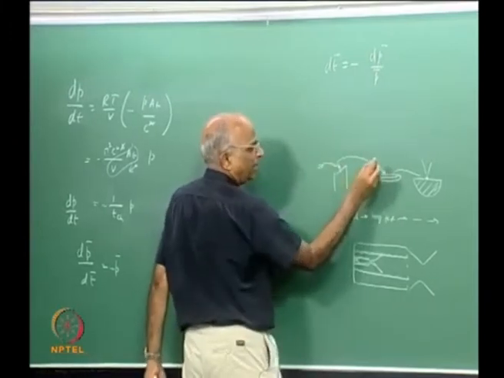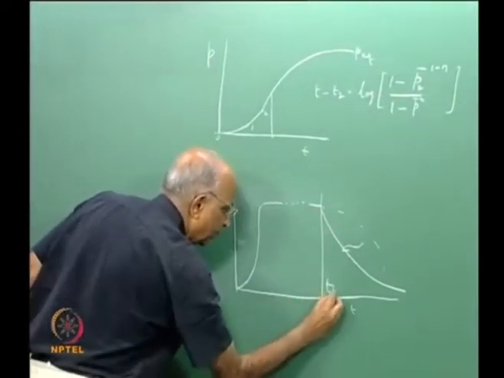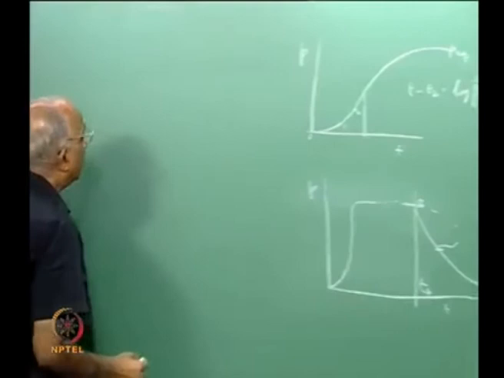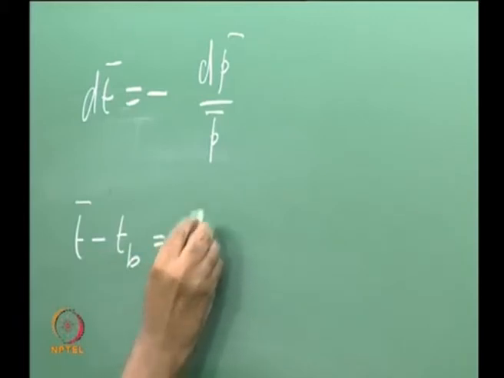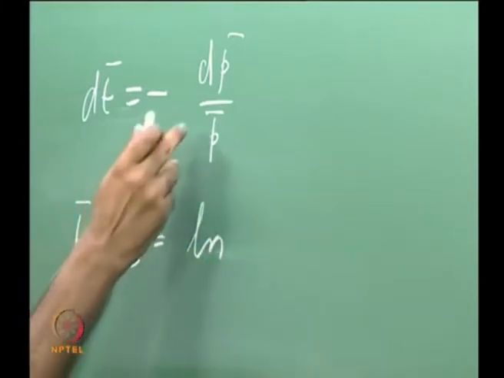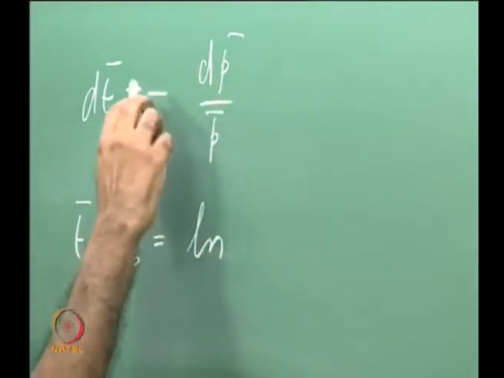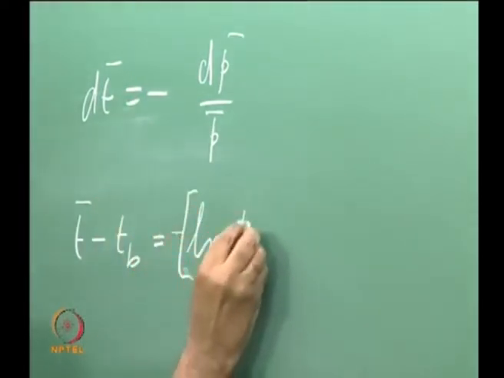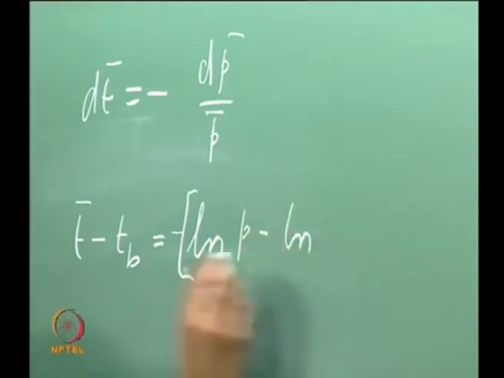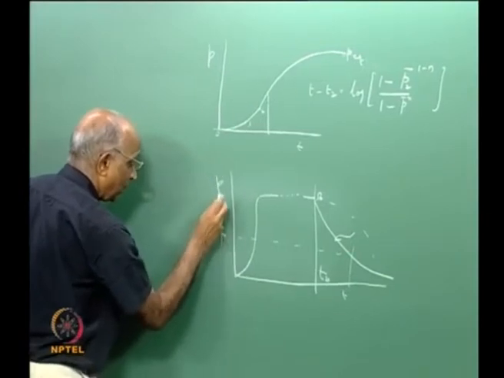or rather the time taken for it, let us say this is the time at which burning gets completed, TB, burning gets completed over here, therefore I get T bar minus TB is equal to logarithm of the, now I have to switch the value, that means my final pressure will come at the bottom, and therefore minus will come over here, that is minus ln of the final value minus ln of the value corresponding to any time, I have the value of P bar, that is I am non-dimensionalizing it.